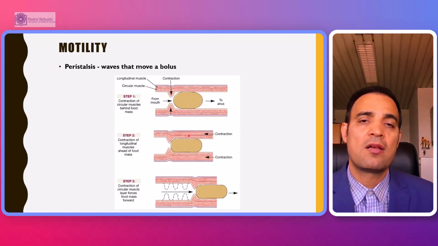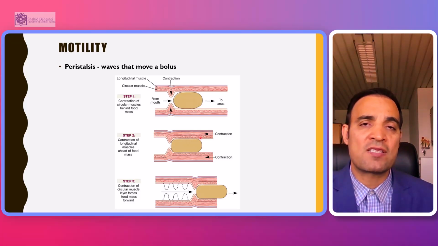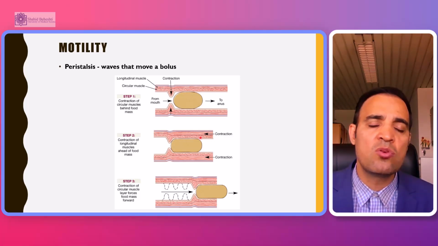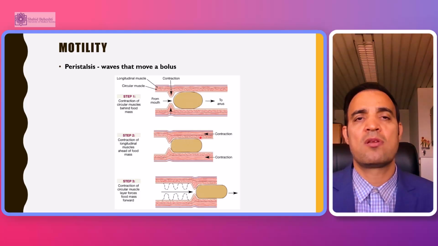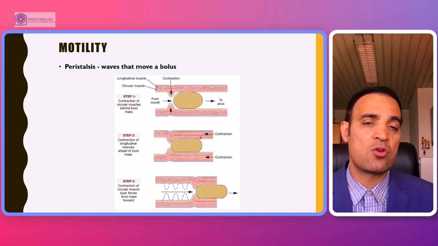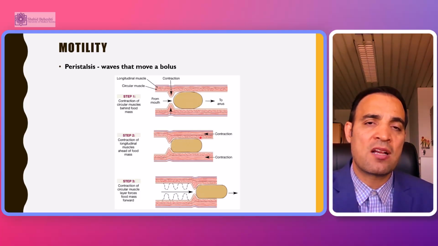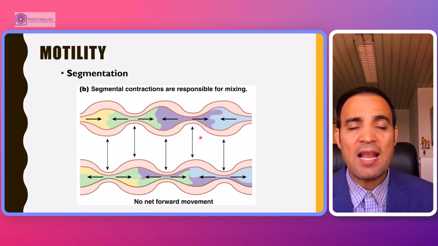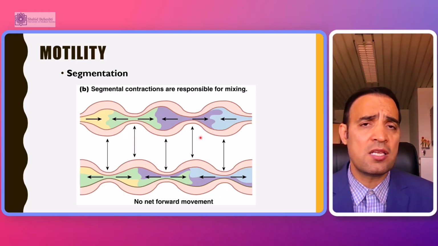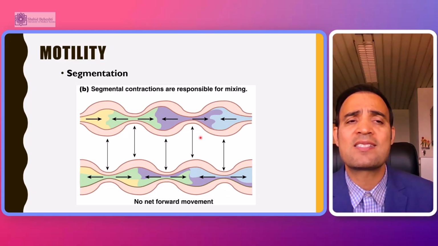Then the food will contact another segment, and another wave will start, and this wave movement will move forward to send the food to its destination. This is named peristalsis, and this is the basic movement that we have in the gastrointestinal system.